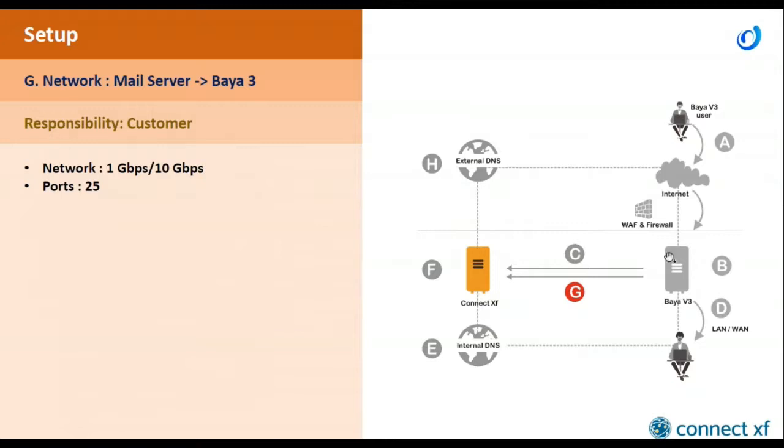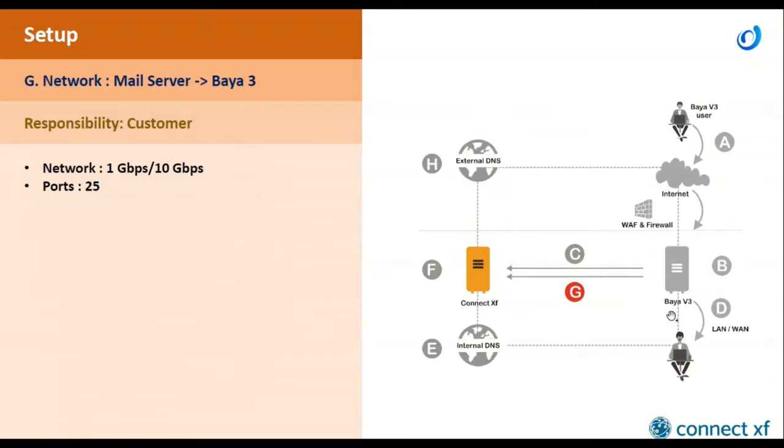Just like any other desktop client like Outlook or Thunderbird, in the same way BIA 3 will connect to the mail server like a third party client, or another client.